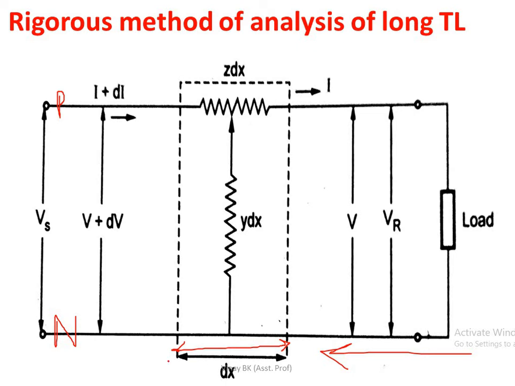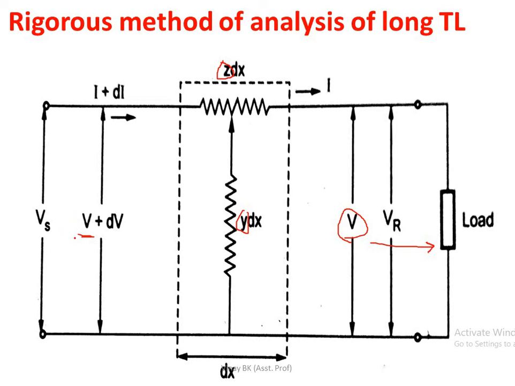Let us consider some notations. You have to know the naming of the notations here. Small z is the series impedance of the line per unit length. Similarly, small y is the shunt admittance of the line per unit length. Capital V is the voltage at the end of the element towards the receiving end.